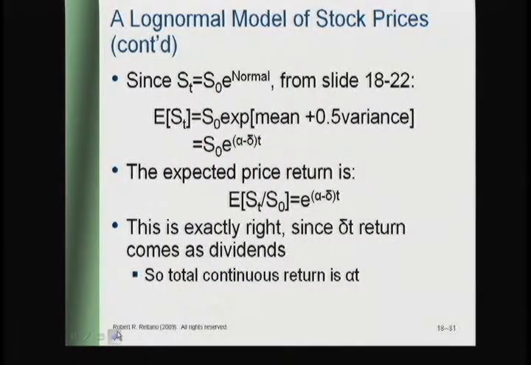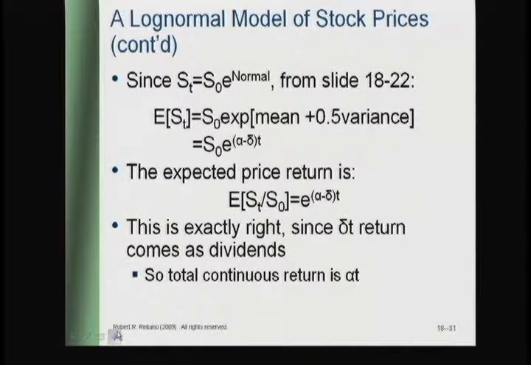Now, because we have the form that S_t, the stock price at time t, is S_0 times e to a normal, we developed on an earlier slide, in particular slide 22, what the mean of that S_t is.